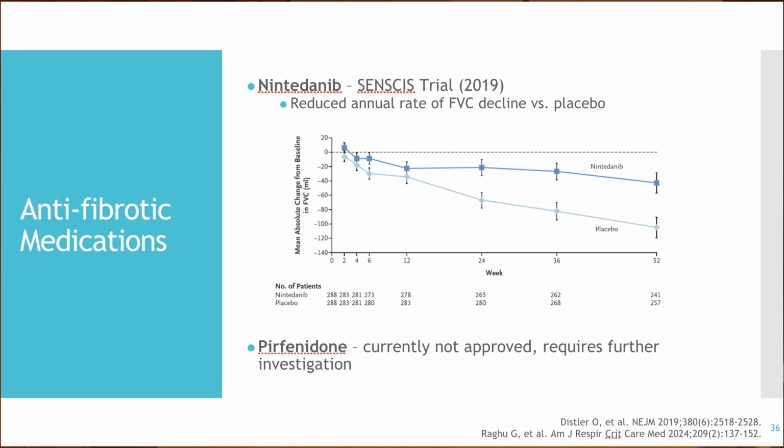Nintedanib is a small molecule that binds to a specific receptor, and essentially what it does is it inhibits the production of growth factors. And so it's a little sort of unclear how all these medications work, but we do see that the inhibition of growth factor is helpful in slowing the progression of fibrosis. Importantly, about half the patients in the Census trial were concurrently on mycophenolate. And so that's important to note too, is this isn't a choose one type of situation.